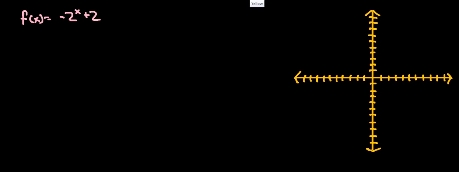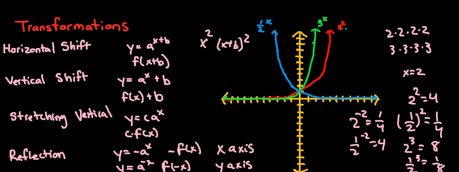The best place to start when presented with a function to graph is to think of what the base function is. And here the base function is 2 to the x. 2 to the x looks like this graph right here.